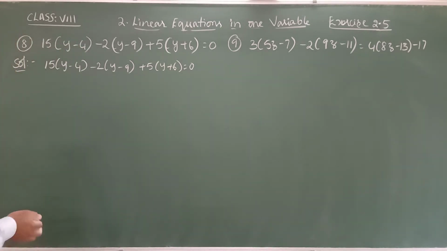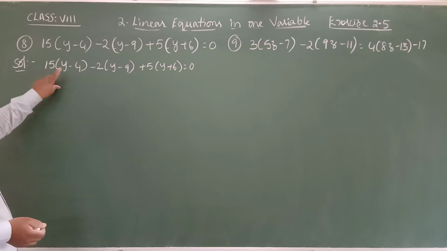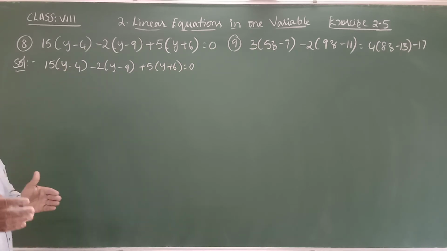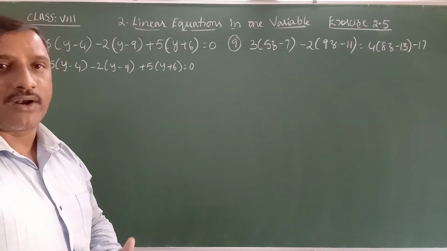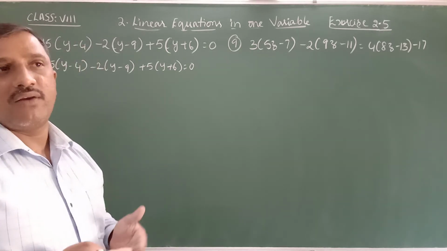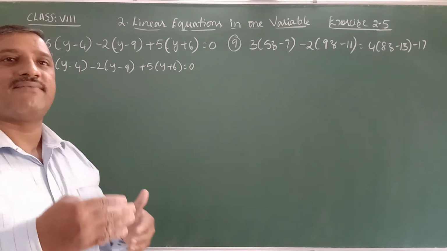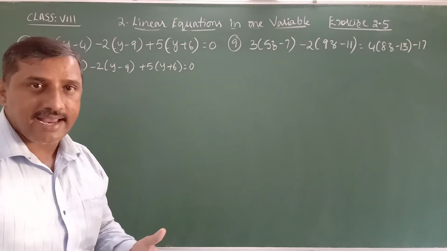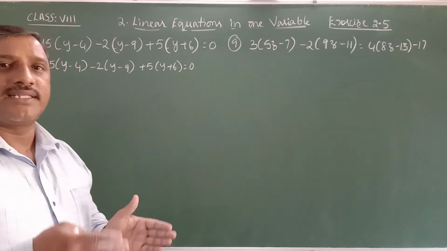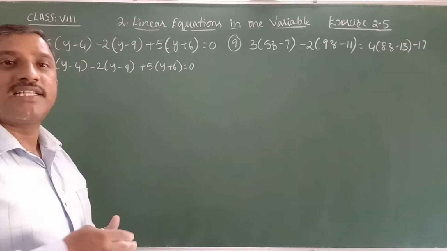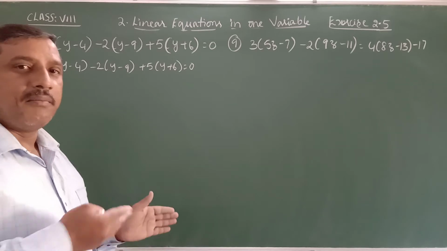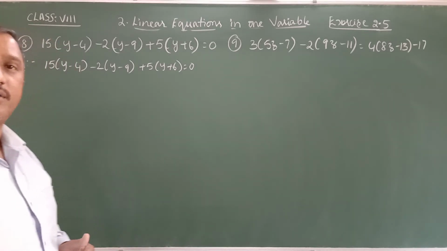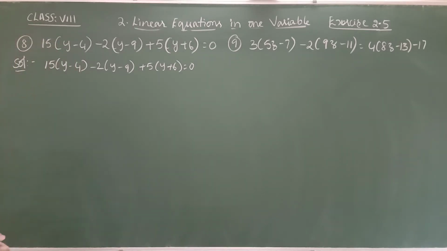How do we multiply? We multiply each and every term of the binomial with the monomial. While multiplying, be careful with the arithmetic signs. Plus into plus is plus, minus into minus is plus, plus into minus is minus, minus into plus is also minus. Be careful with the signs.